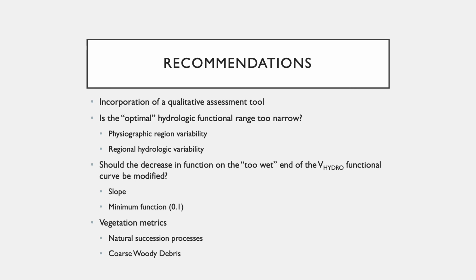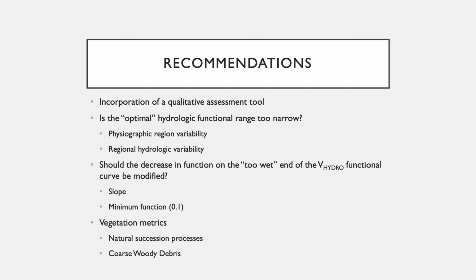The second component, maybe a spur of that optimal functional range, is: should wetland function decrease as rapidly as is projected in the hydrologic performance curve as the site becomes "too wet"?